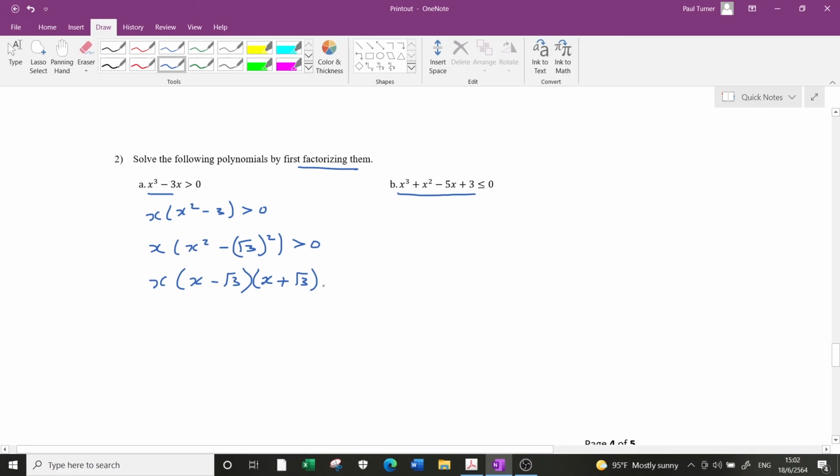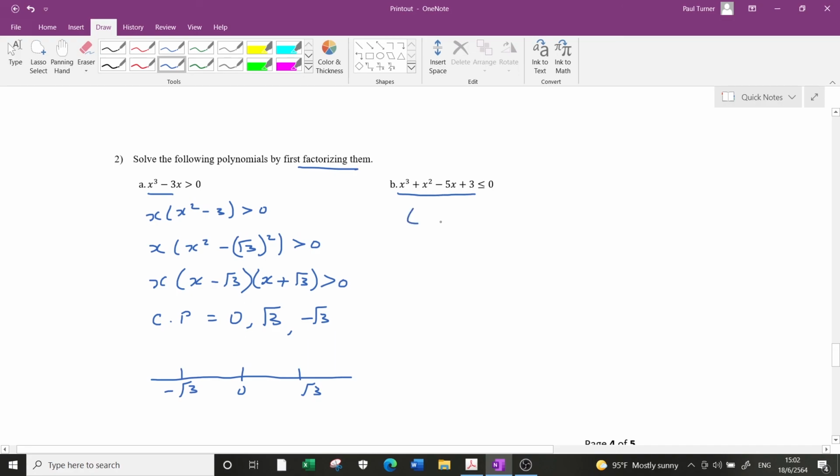That's just a hint how to do that one. And you'll have your 3 critical points here. So you'll get 0 from the first one, you'll get root 3 from this one, and minus root 3 from that one. And then you put them on your number line. So 0, root 3, minus root 3 here. Okay, I've started that one for you.